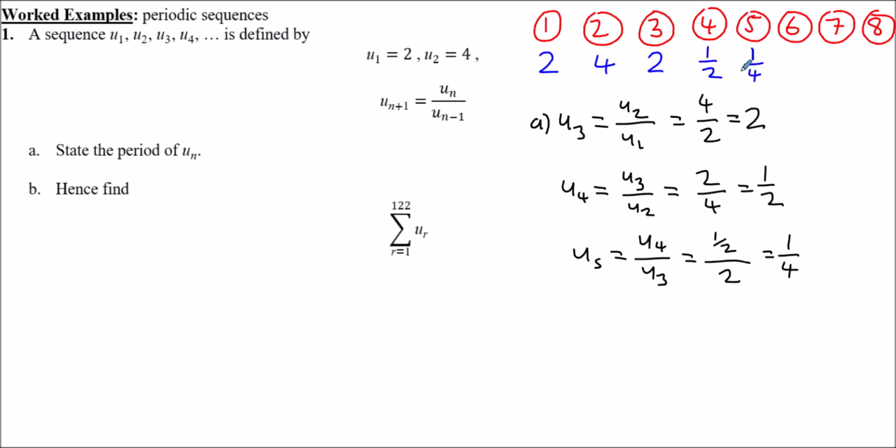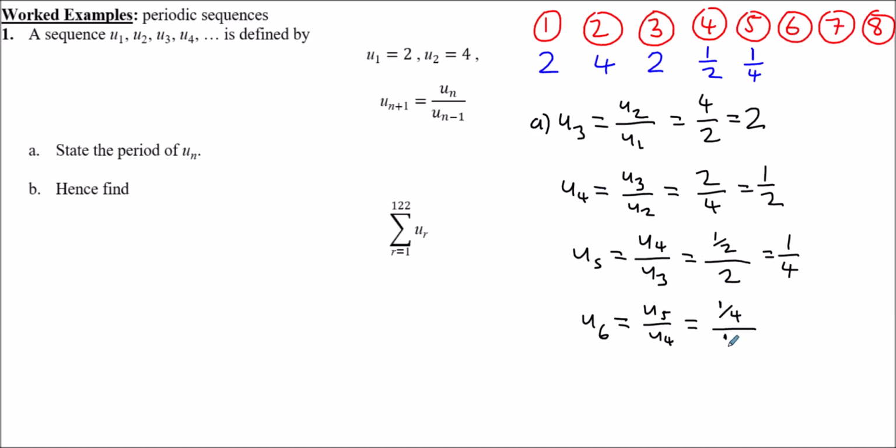It's got no signs of repeating yet, which might seem a bit strange, but let's just carry on. u6 is u5 over u4. The fifth term is a quarter, divided by u subscript 4, which is a half.